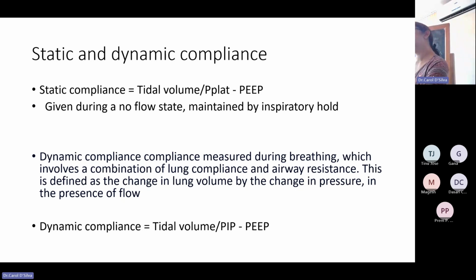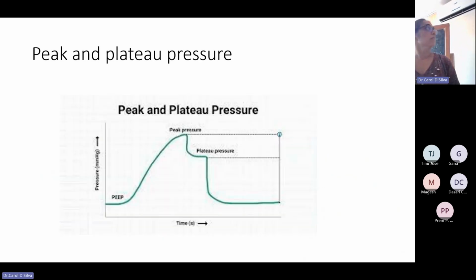So what we do is, when the patient is on the ventilator, we create a no flow state. This is what I mean by that. This is your pressure waveform, pressure against time, the pressure time scalar as we call it. When I start inspiration, the pressure goes up. Then I press this inspiratory hold button.